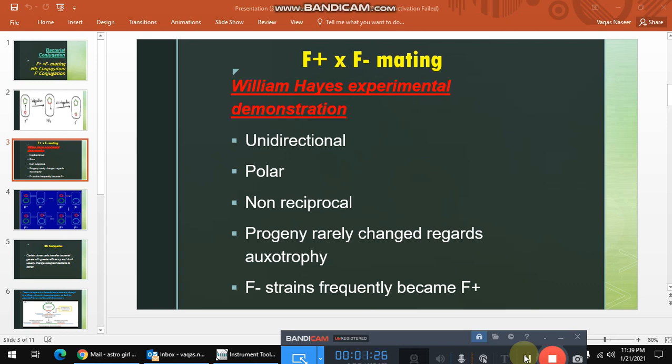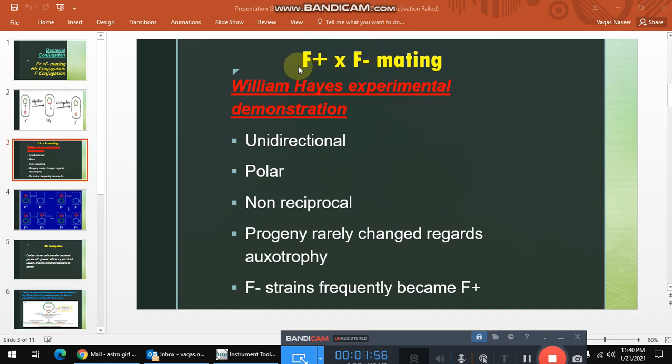Let's start to study F positive and F negative mating. As I told you in my previous videos about the whole experiment of William Hayes, in this video I am just giving a brief review of its experimental demonstration. William Hayes demonstrated that the transfer of genetic material is unidirectional. Number two, it is polar. It means that fertility factor containing bacteria transfers genetic material to the fertility lacking bacteria.